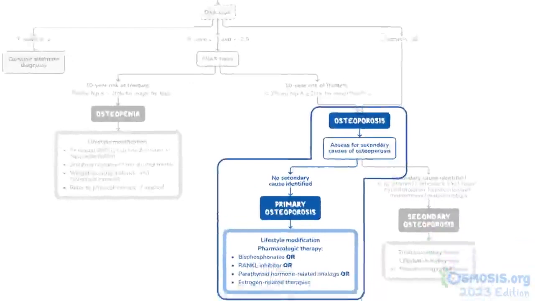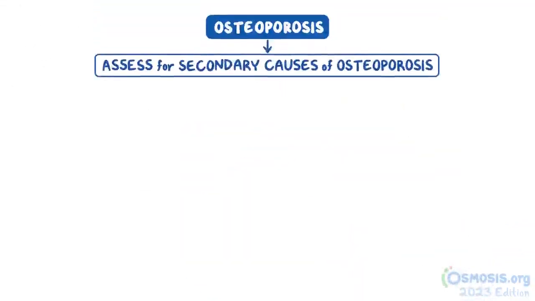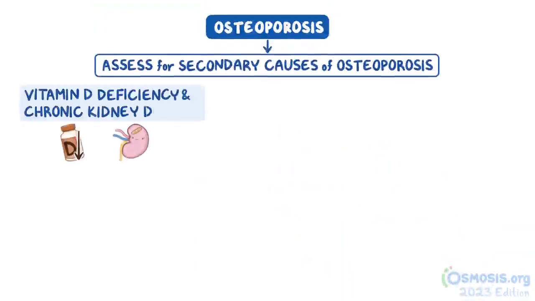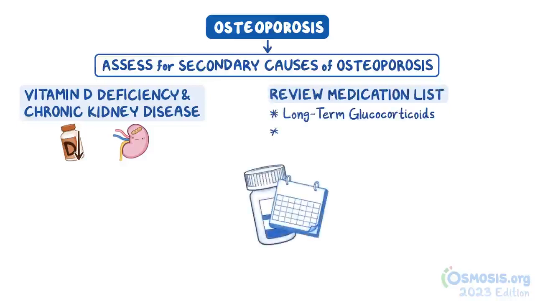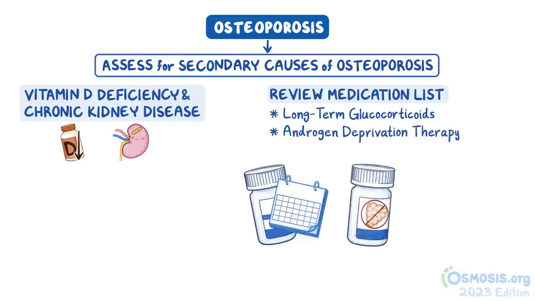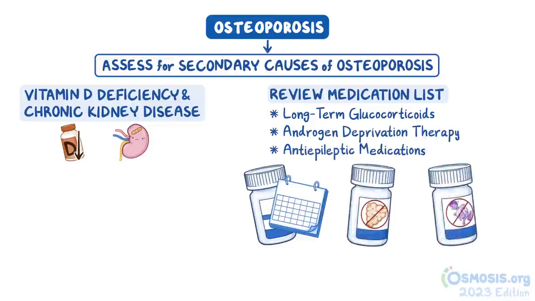Now that you've diagnosed your patient with osteoporosis, you should assess for secondary causes of osteoporosis. Vitamin D deficiency and chronic kidney disease can both cause osteoporosis. Next, review the patient's medication list and look for anything that can cause bone loss, such as long-term glucocorticoids, androgen deprivation therapy, and antiepileptic medications.